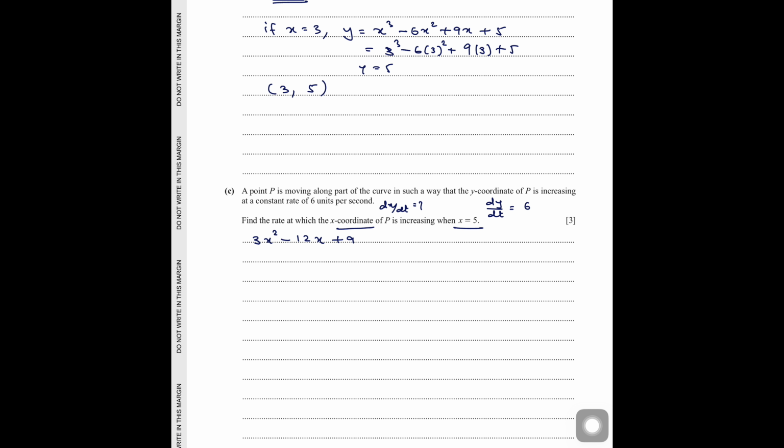Dy over dx at x is 5: 3 times 5 squared, minus 12 times 5, plus 9. So I'm getting dy over dx at 5. This is 24.